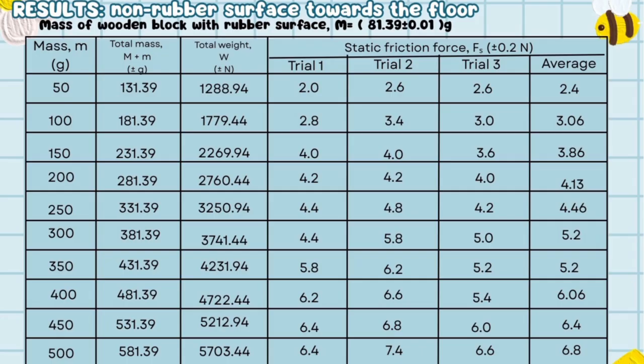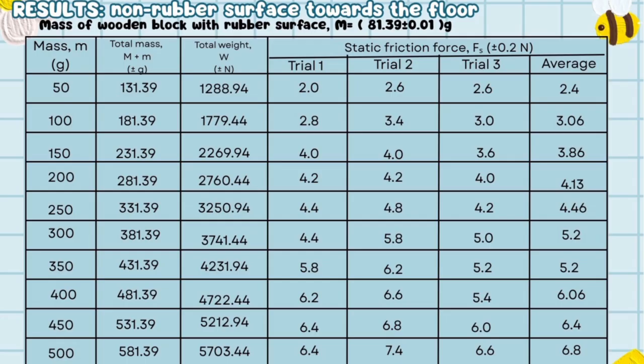The total weight with uncertainty of 0.1 Newton is also the same as table 5.1, but the trials are different. The static friction force Fs is also the same.